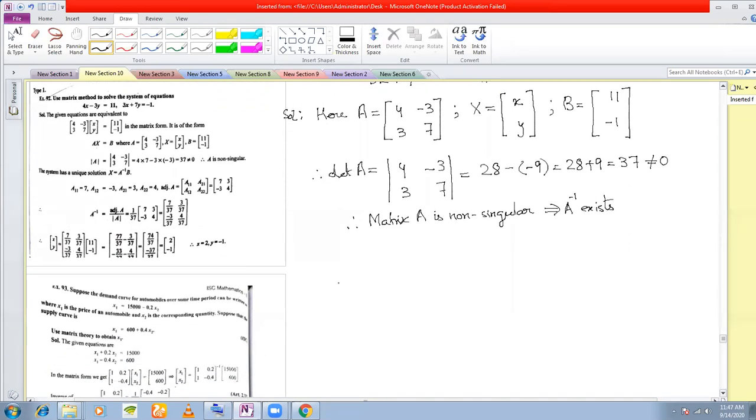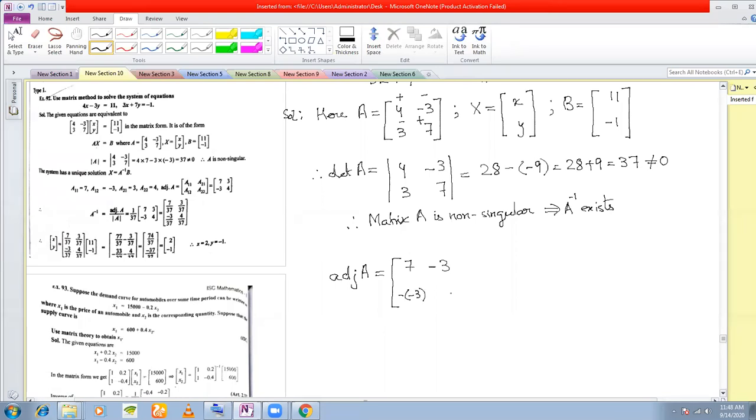But before A inverse, we need to find the adjoint. The adjoint of A. What is the adjoint of A? First of all, the minor of this element 4 is 7. And we have a plus minus and a minus plus sign. So the cofactor of 4 is 7 with a plus sign. The cofactor of minus 3 is a 3 with a negative sign. The cofactor of 3 is minus 3 with a negative sign, so minus of minus 3.